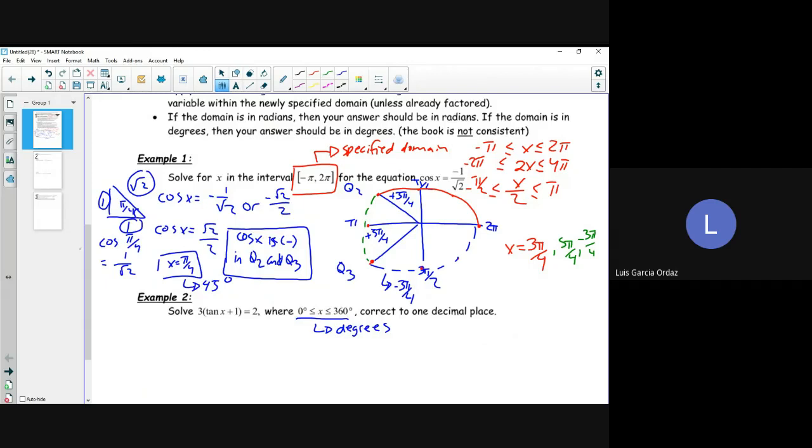So because cos of x is negative 1 over root 2, the terminal arms lie in quadrant 2 and quadrant 3. When we split up our quadrants, they're going to be split up into 45-degree intervals like we learned last unit. And all we're doing to get each answer is counting the number of sections we passed. So from 0, we pass 1, 2, 3. So our first angle where cos x is equal to negative 1 over root 2 is at 3 pi over 4. And then our next terminal arm is in quadrant 3.